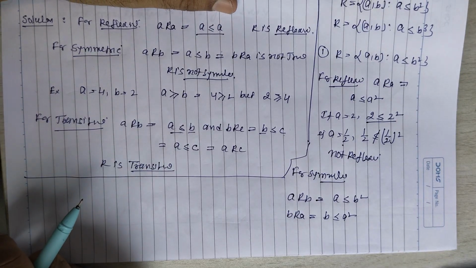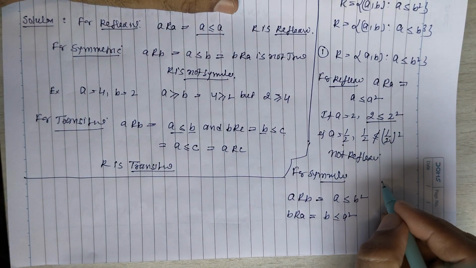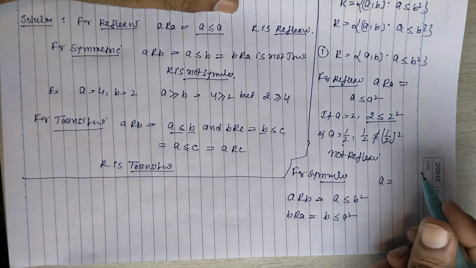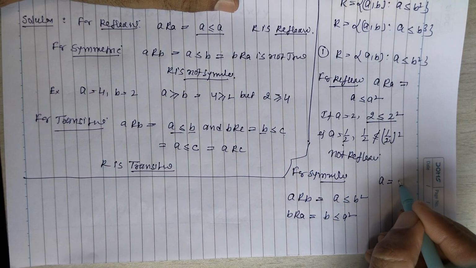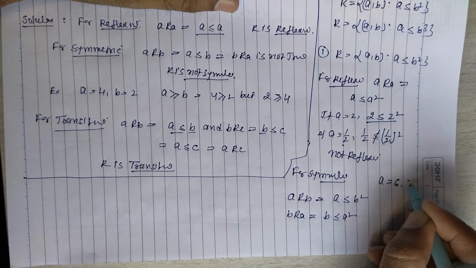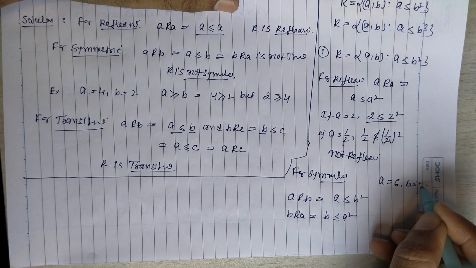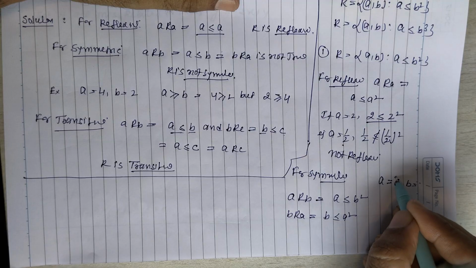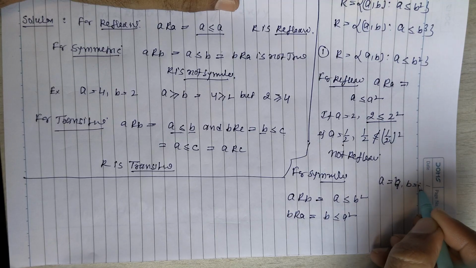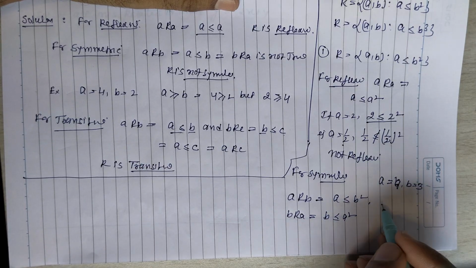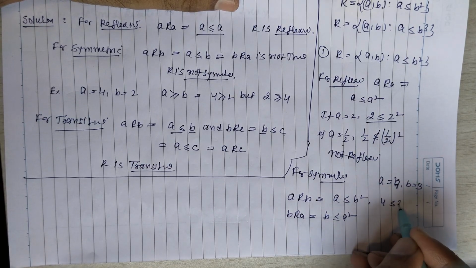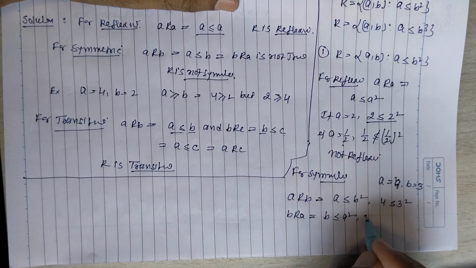Take a equal to 4 and b equal to 3; you can choose numbers randomly. Then 4 is smaller than or equal to 3².